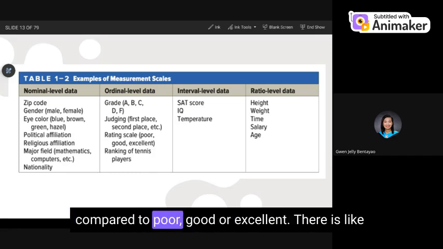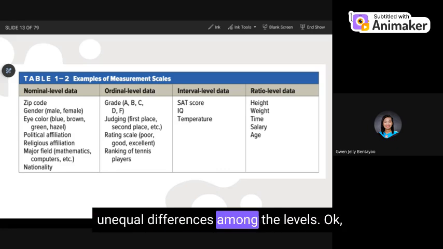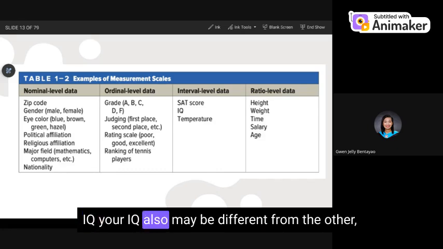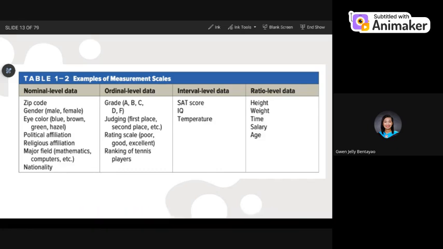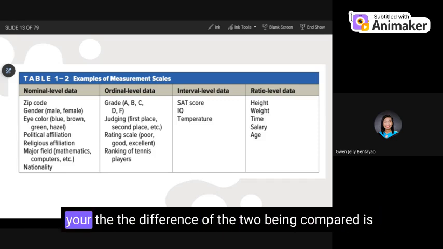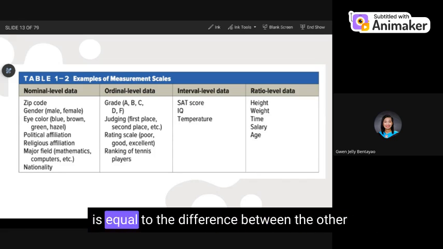Compared to poor, good, or excellent, there are equal differences among the levels. Okay? Your IQ also may be different from the other, and from the other. But it doesn't always mean that the difference of the two being compared is equal to the difference between the other.